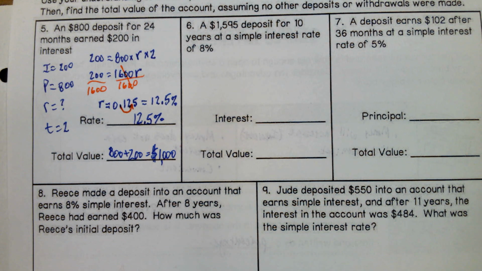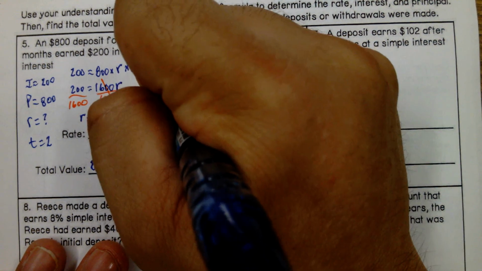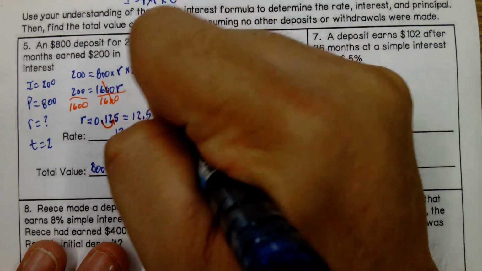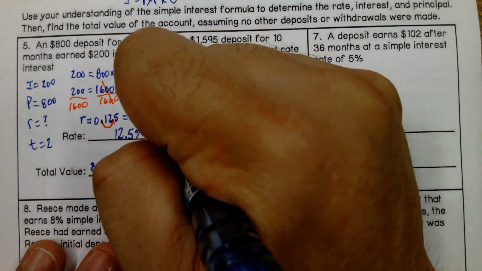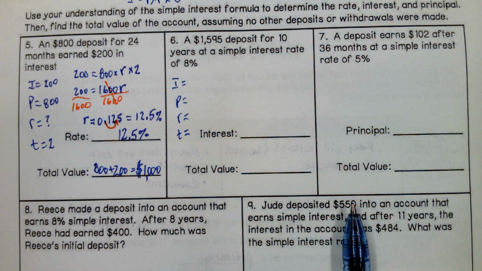A $1,595 deposit for 10 years at a simple interest rate of 8%. Okay. So let's figure this out. Let's see, which one do we not know?